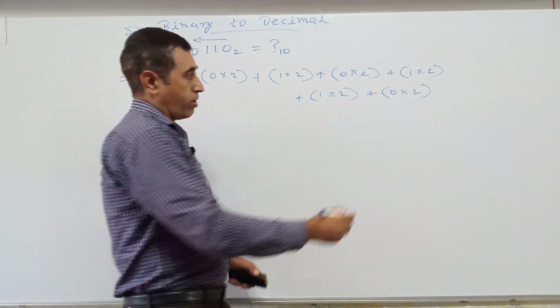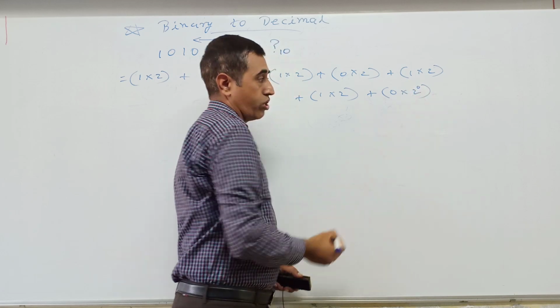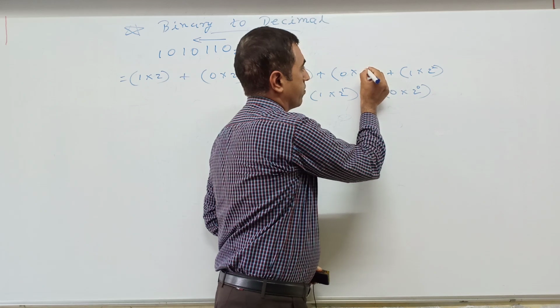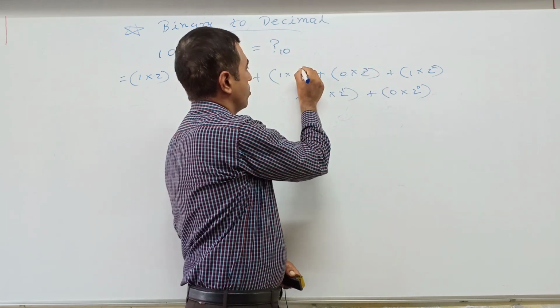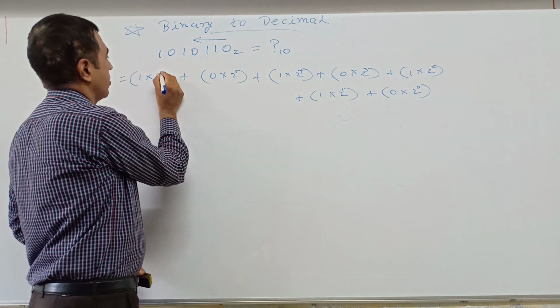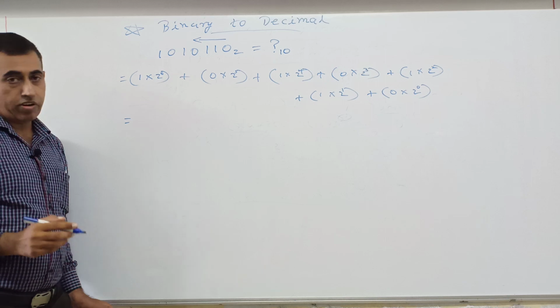Now starting from right side, 2 raised to 0, here 2 raised to 1, 2, 3, 4, 5 and 6. Now we have to calculate this sum.